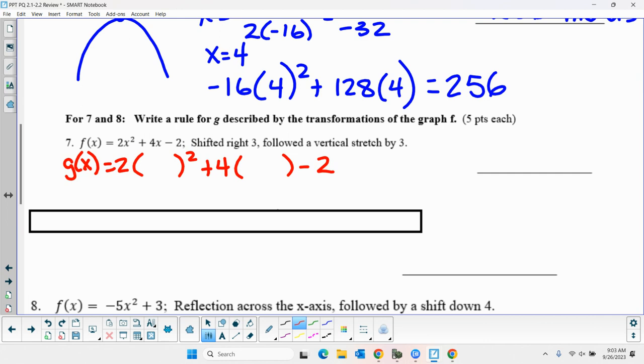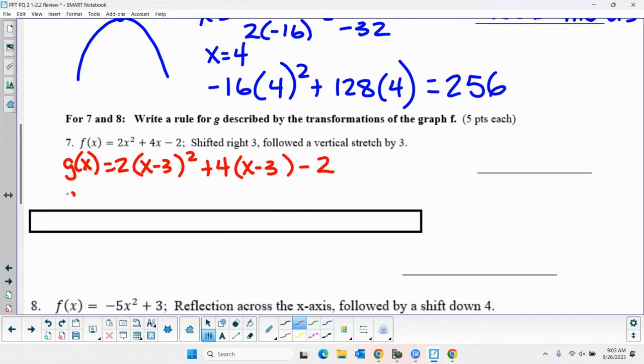So shifted right 3, is that x plus 3 or x minus 3? We're shifting right, it's x minus. If we're shifting left, it's x plus. Now, we're squaring x minus 3.